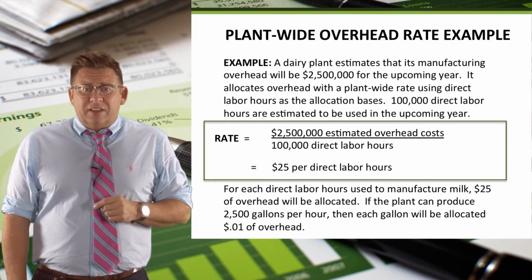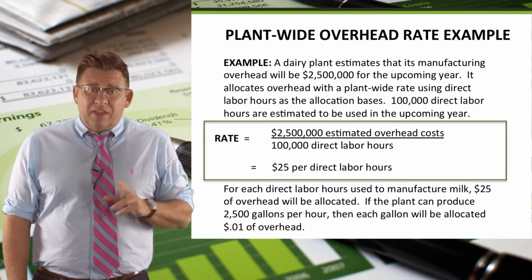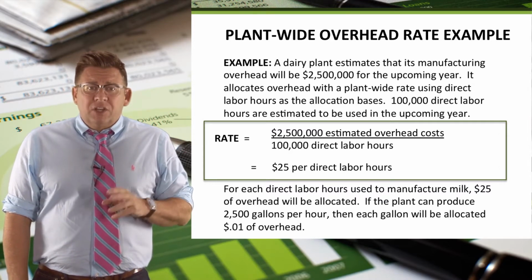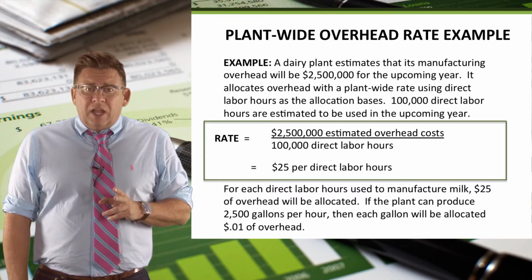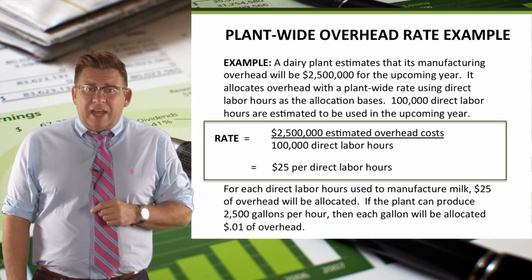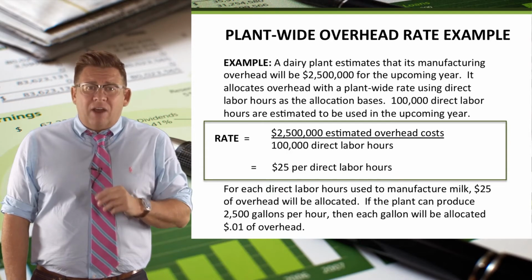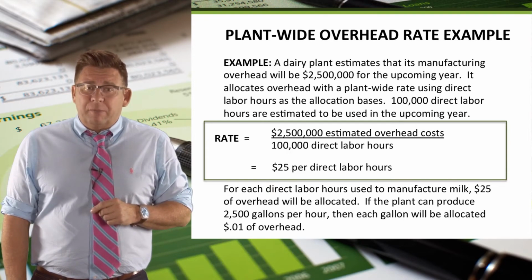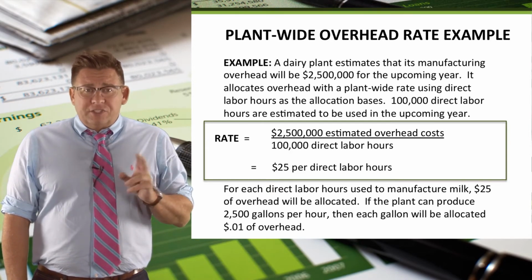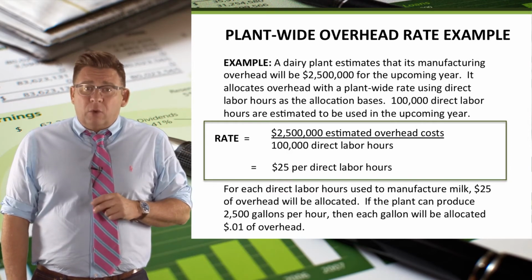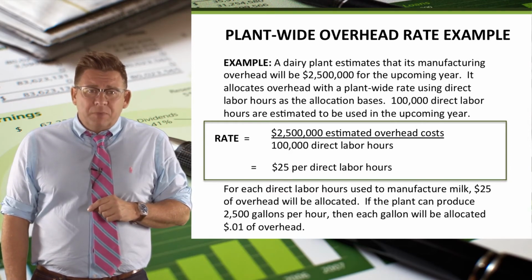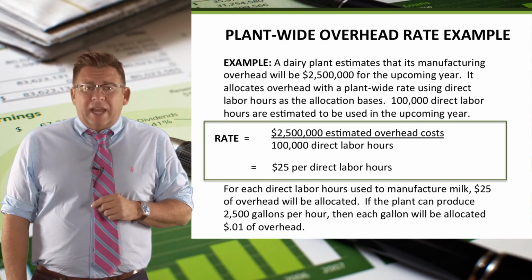So we divide the cost of $2.5 million by the 100,000 direct labor hours to determine that overhead will be allocated at $25 per direct labor hour used to manufacture the milk. Assume a plant can produce 2,500 gallons per hour, then each gallon will be allocated 1 penny of overhead.